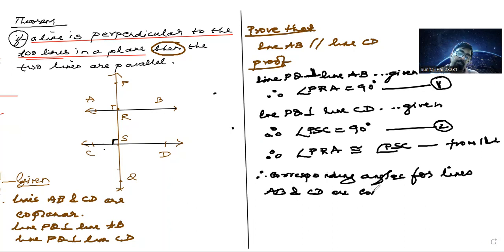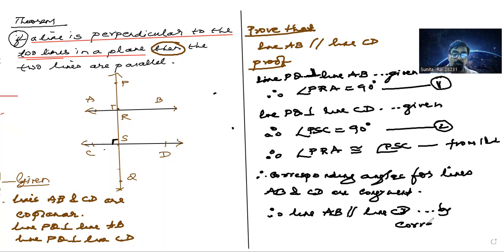Hey, you're learning that when corresponding angles are congruent, the lines are parallel. Therefore line AB is parallel to line CD by corresponding angle test. Both these lines are parallel by the corresponding angle test.